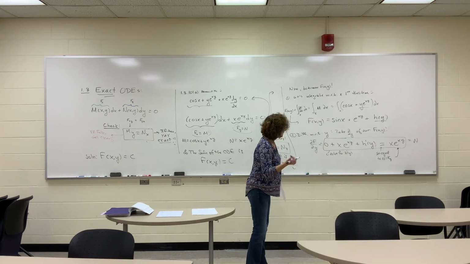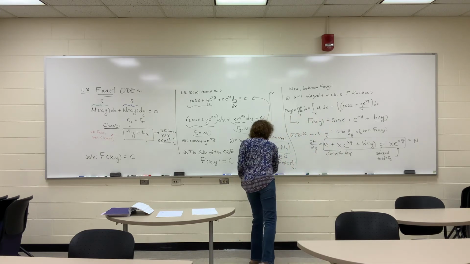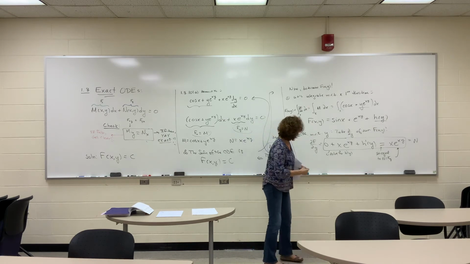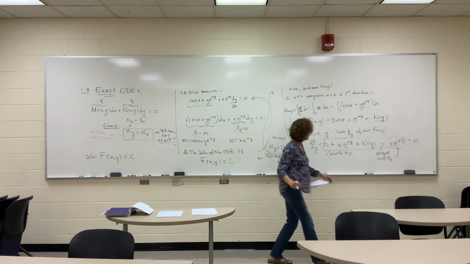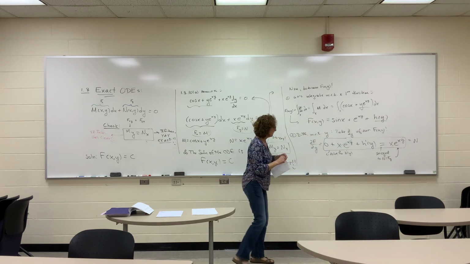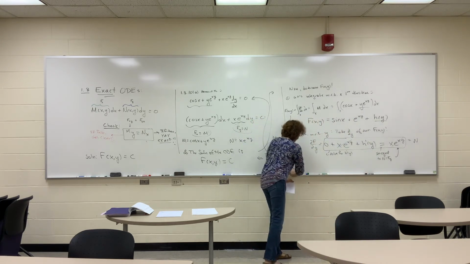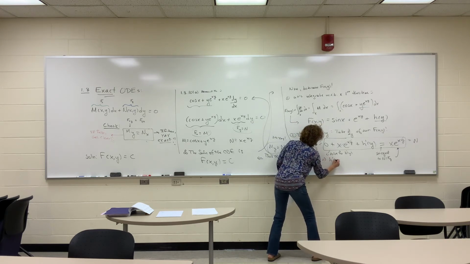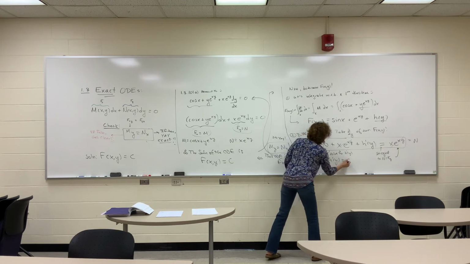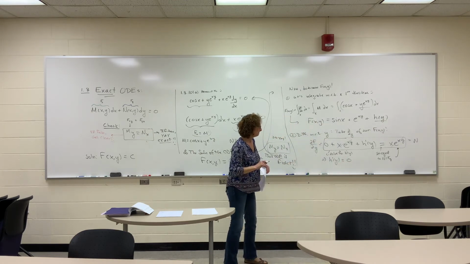Well, that equation is pretty awesome, right? Because, lo and behold, what happens? x e to the xy on this side, x e to the xy on that side. What does that leave? h prime of y is just zero, right? Make sense?